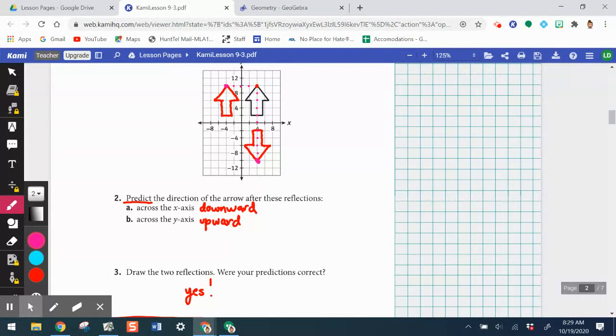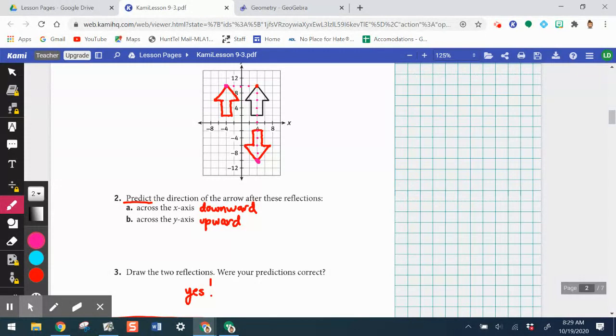Because remember, a reflection across the x-axis, the y changes, which is actually our axis that runs up and down. So that's another way you can think about it. When we reflect across the x-axis, we're moving up or down. And then a reflection across the y-axis, the x changes. So we're moving left or right when we reflect across the y-axis. So the arrow on item B shouldn't have changed direction at all.